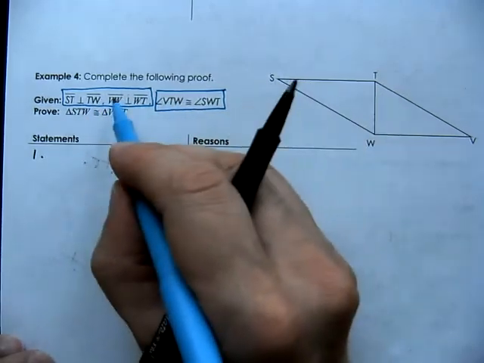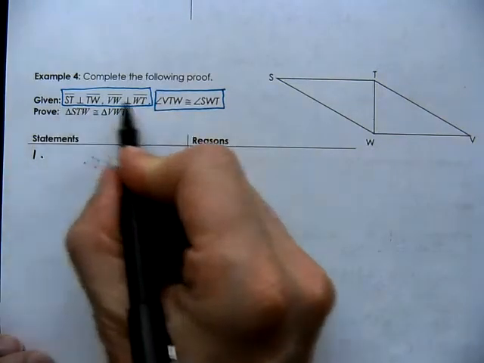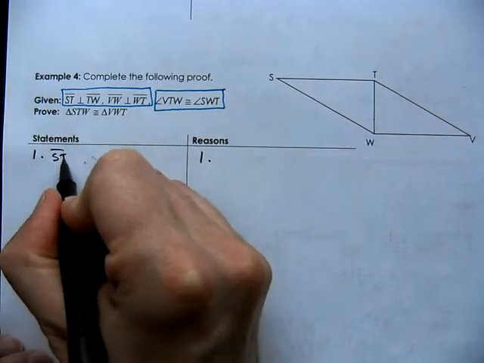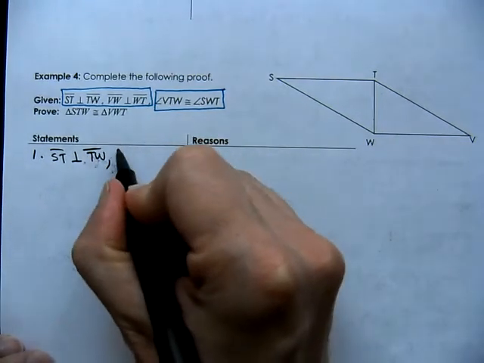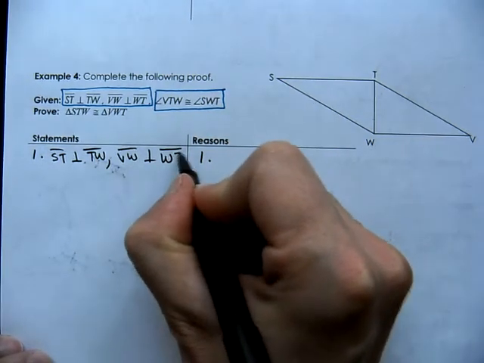The perpendicular lines lead us to one conclusion, and the congruent parts is something else. So let's just focus on the perpendicular segments here. Segment ST is perpendicular to segment TW, and segment VW is perpendicular to segment WT.